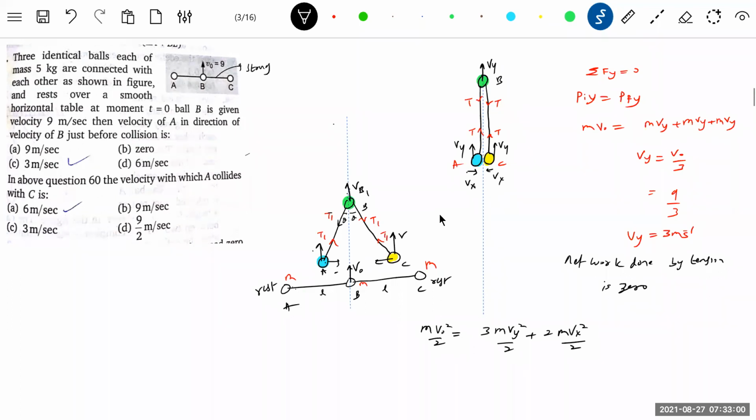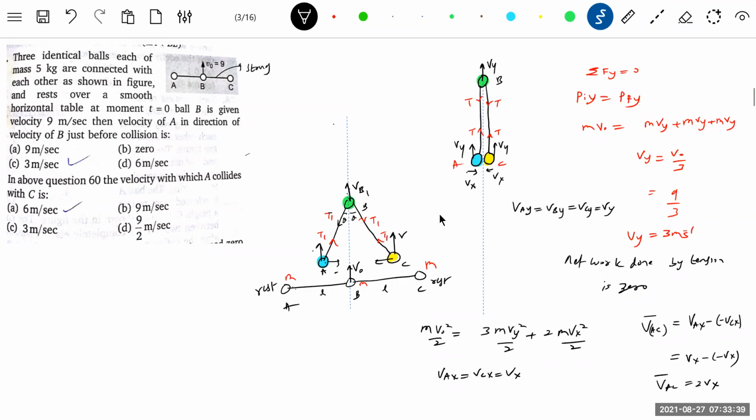I know vy and v naught; substituting, I'll get vx. Then the velocity of A with respect to C along the x-axis is Vx minus Vcx, where Vcx equals Vx in magnitude, so it will be 2Vx.